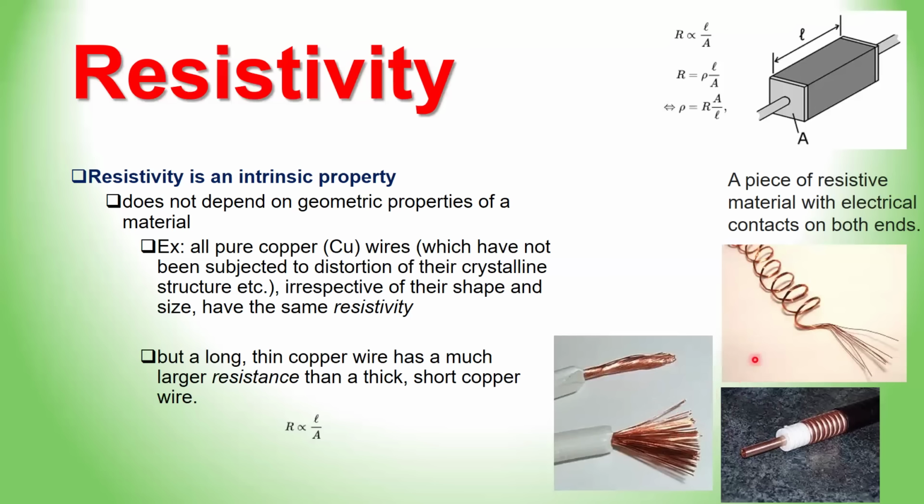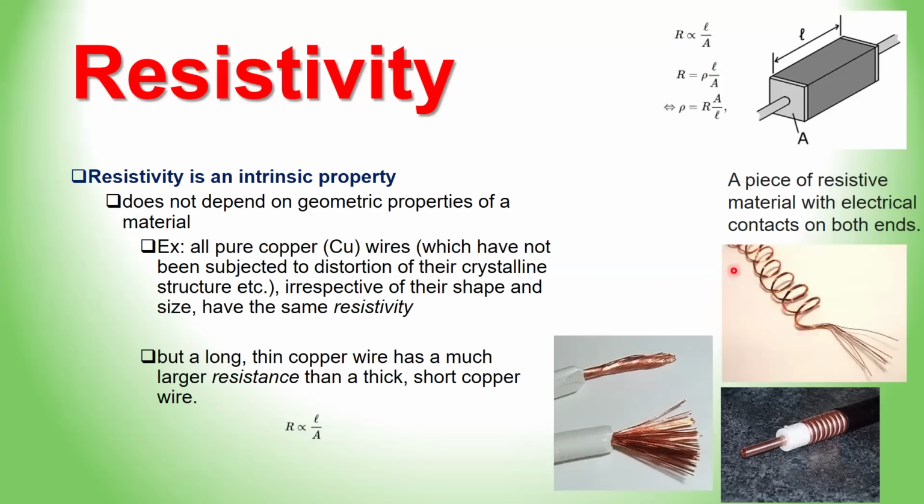That means this. However, if we talk about the resistance of these different types of copper wires with different shapes and sizes, we see that if you have a longer copper wire, it will have a larger resistance because of this formula: R is proportional to L over A. So L is the length of the material.